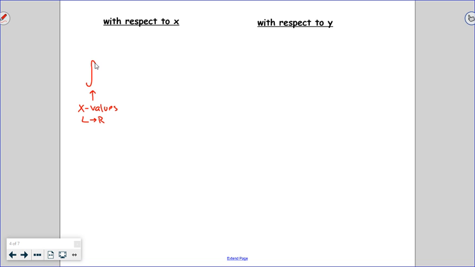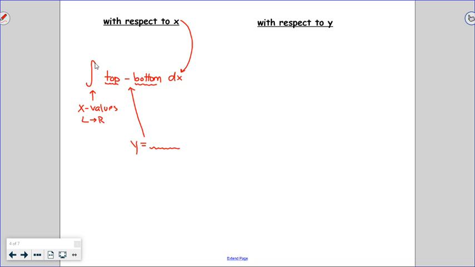The function that we fill in here would be our top function minus the bottom function. And whatever that is needs to be written in terms of x. So those equations would look something like y equals something, and that something is what we would fill in here, right? They have to be y equals equations, solved for y. And obviously we would end this with dx to match whatever variable we are integrating with respect to.